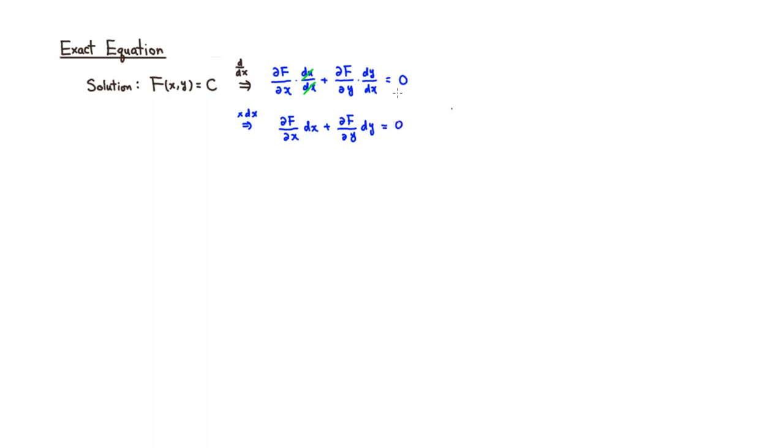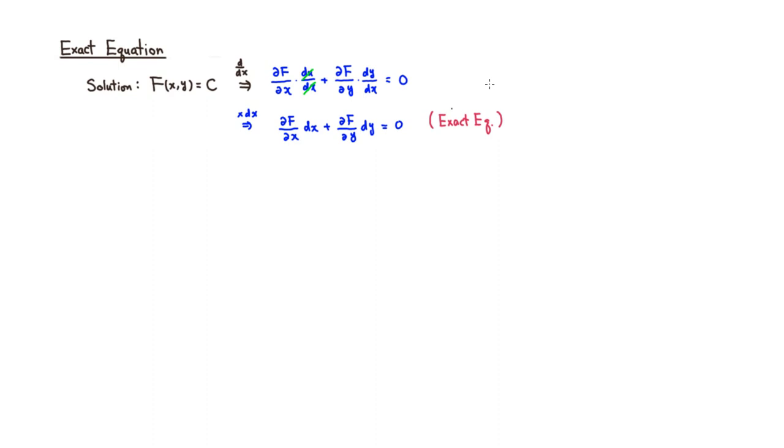So this equation is called the exact equation. So maybe I'll write that down. This is the exact differential equation. I'll just say exact equation. And so this differential equation will have a solution F(x, y) = C.